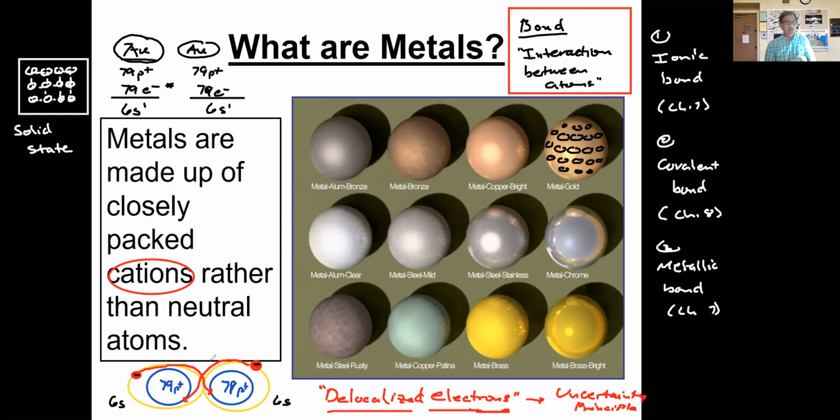And that essentially is the metallic bond. The central core idea behind a metallic bond is that you have electrons that are delocalized. And that's why we were saying that you have this idea that they're cations packed closely together. Why? Because it's the nuclei that are packed closely together. However, they are kept apart from one another.